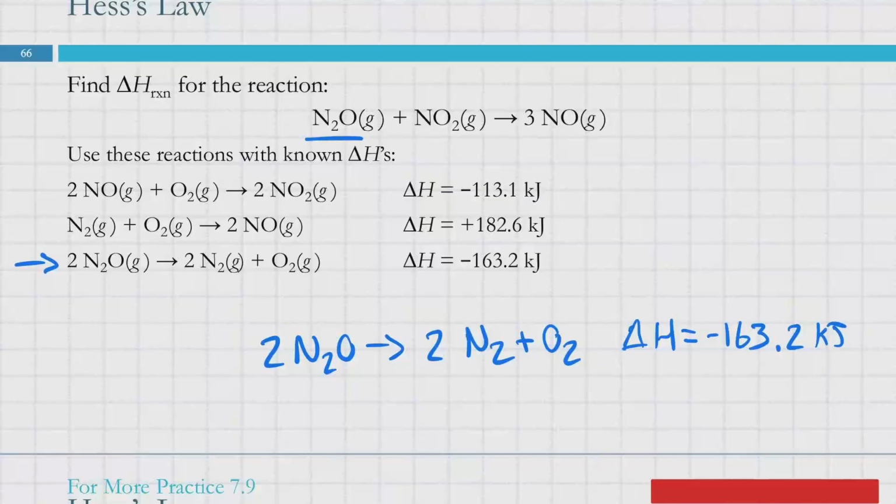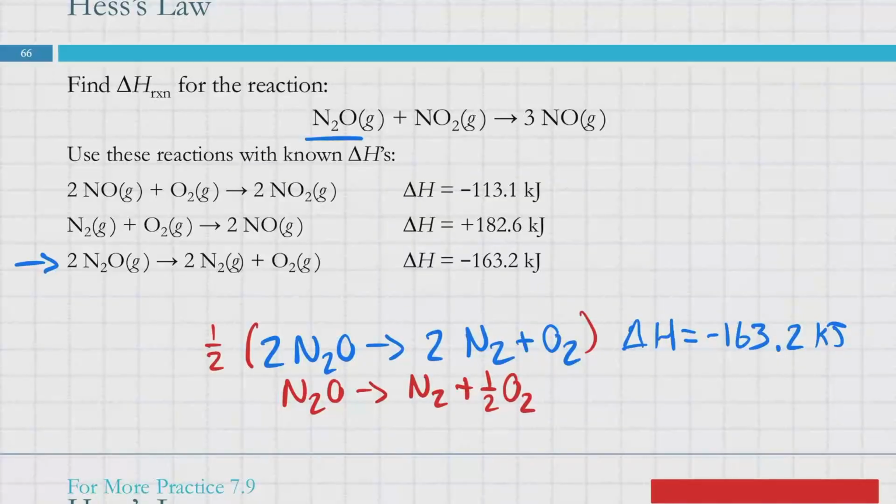Is this N2O the same as the N2O that's in our desired equation? It's the same N2O, but does it match exactly? It doesn't. What do we need to do to get them to match? We would need to multiply by 1/2, right? And then that would turn into N2O goes to N2 plus 1/2 O2.